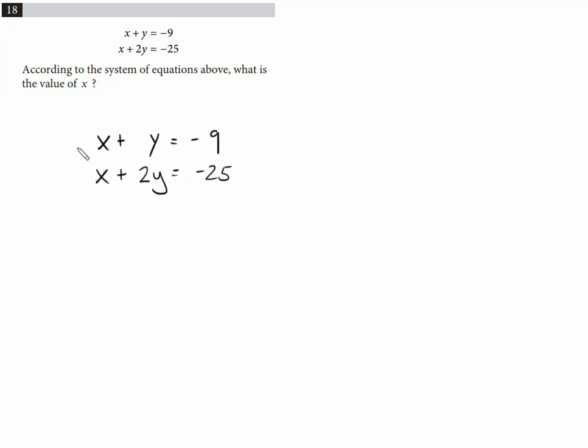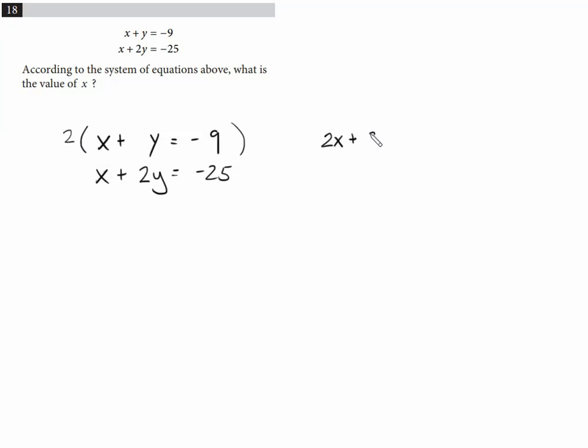And now if I treat the system of equations as an equation, in order to get 2y, I can multiply this entire equation by 2.